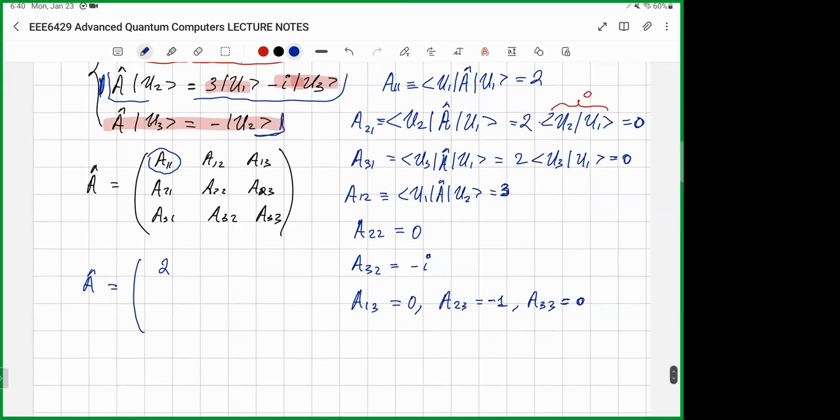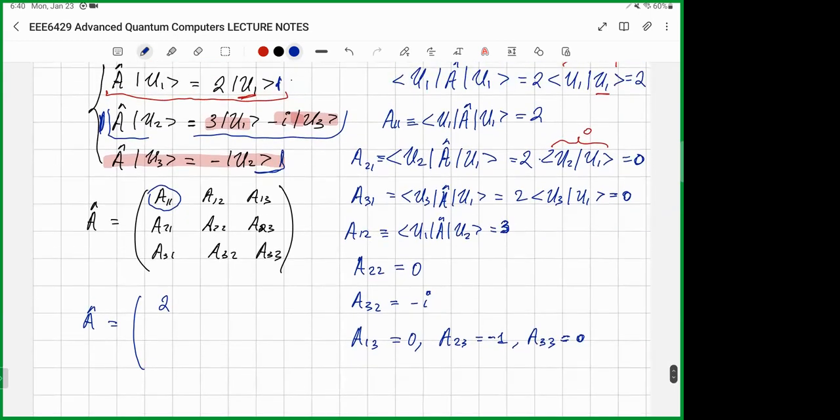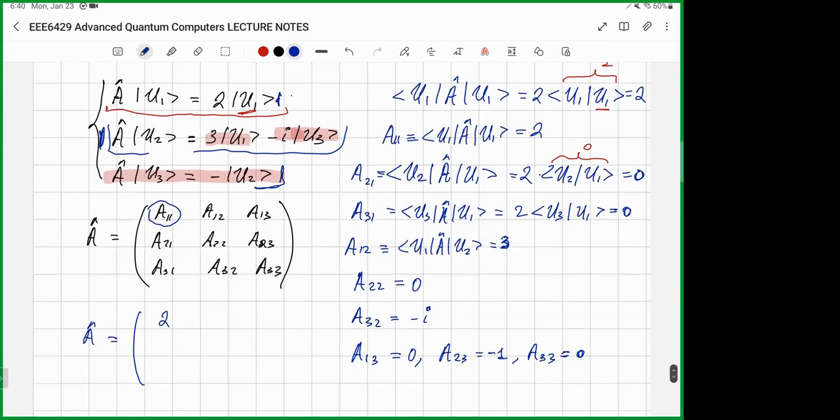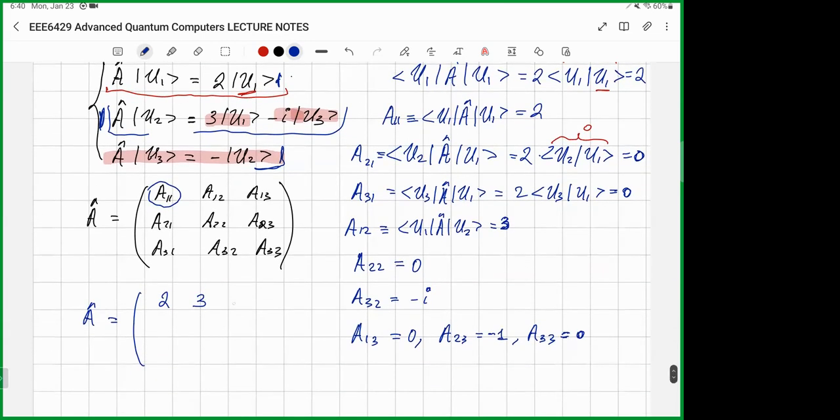Okay, and now let's sum up everything. So A12 is equal to 3. A13 is equal to 0. A21 is equal to 0.